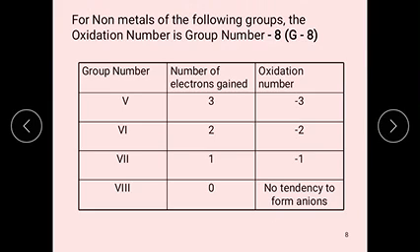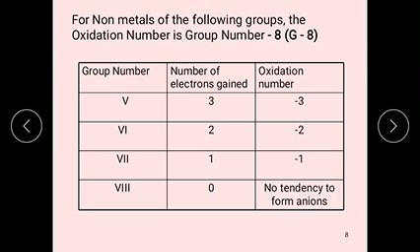Next, for a sixth group element, if it requires two electrons to attain stability, then we can take its oxidation number as -2. In the case of seventh A group elements, it requires one electron to attain stability. Then it equals -1 oxidation state.